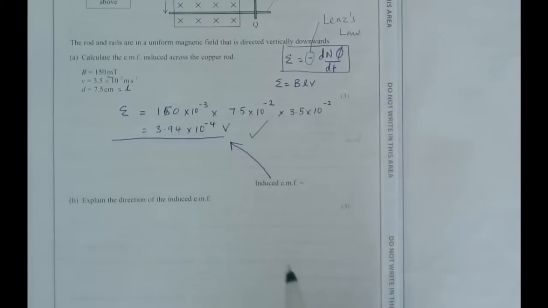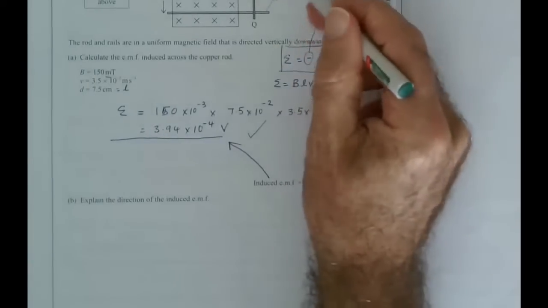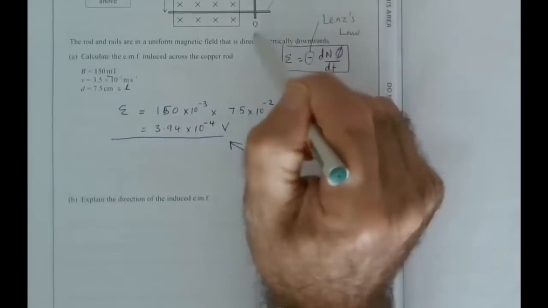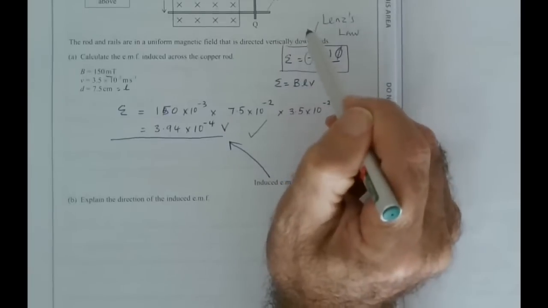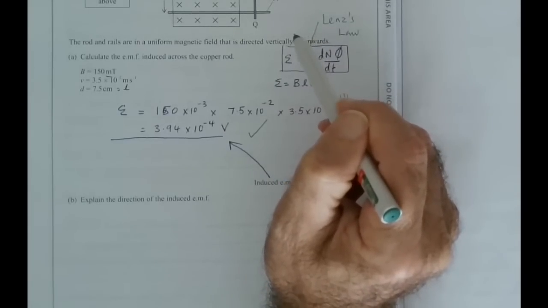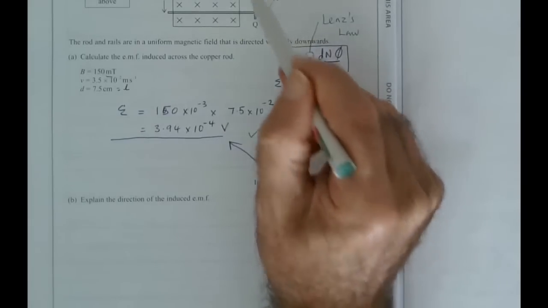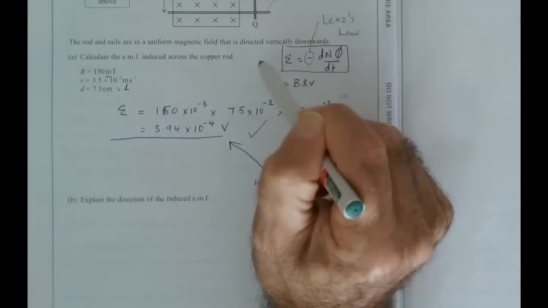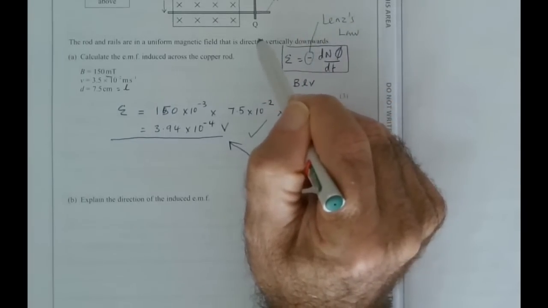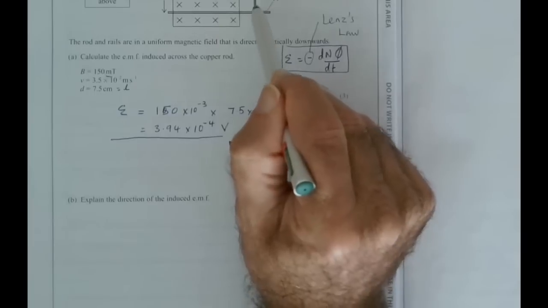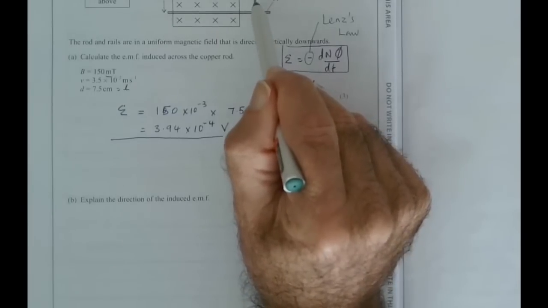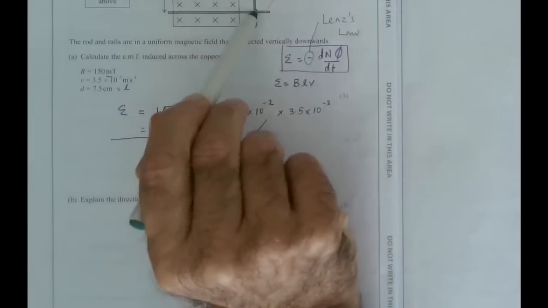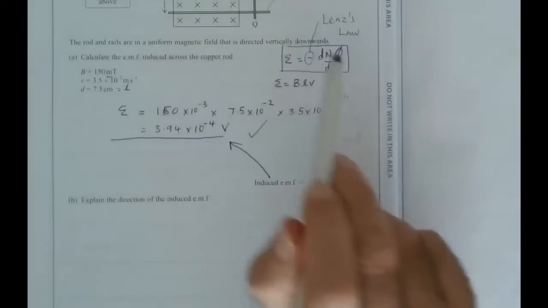So the direction of the EMF, you can say, by Lenz's law, if there was a complete circuit, so if this was part of a circuit, you could measure the EMF with a voltmeter. The direction of the induced EMF is such that it would oppose the change that produces it. Okay? So in other words, there will be something opposing the velocity, a force opposing the velocity.